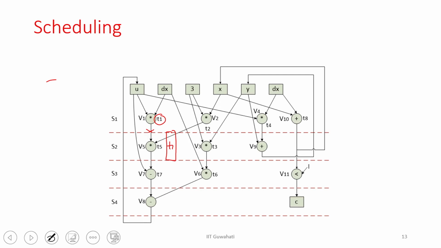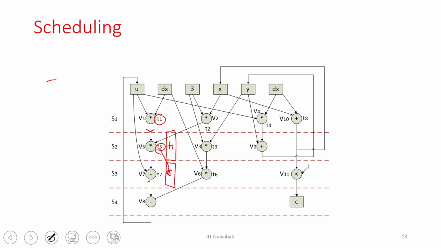Now, T5's lifetime is this. So you can use the same register to store both T1 and T5, because in clock 1 I will store the T1 value into this register, and in clock 3 I will use the same register to store T5, understood?